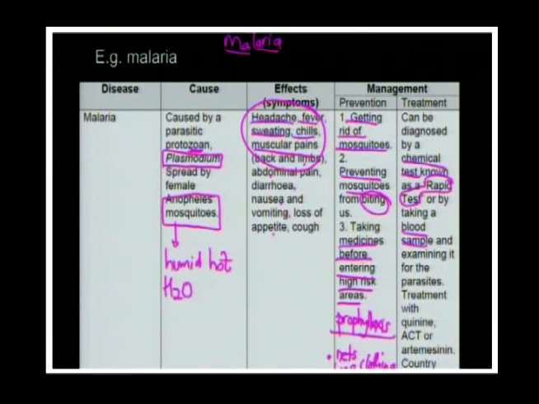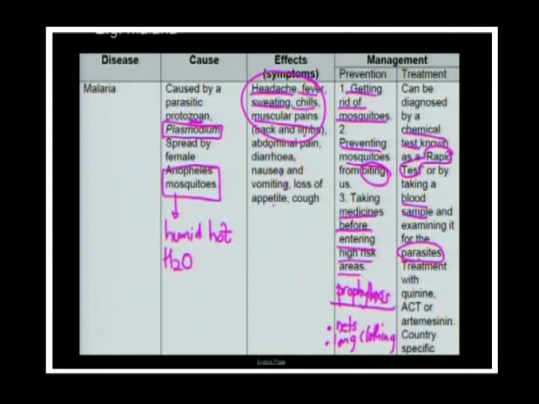As well, a blood sample can be taken and you can look for the parasites in it. I will show you what those look like in the blood cells in a moment. Or what you'll find is treatment can occur with quinine, ACT. These are different medications, and it depends on which country you're in as to which is recommended. So there are a number of methods of treatment that are available to you.